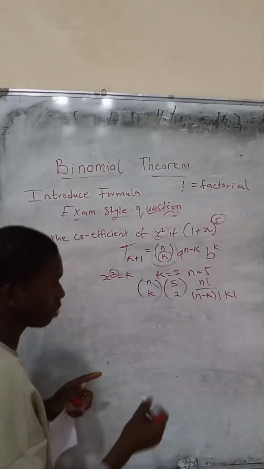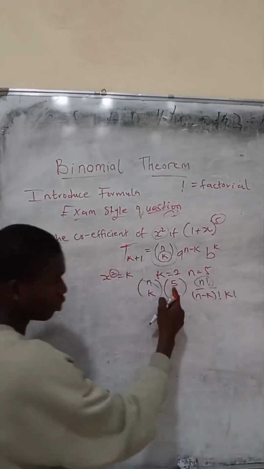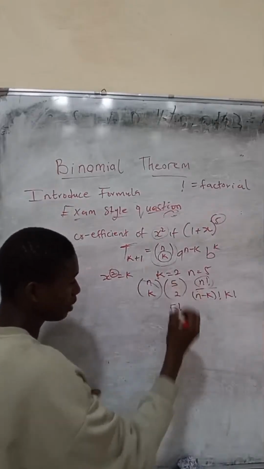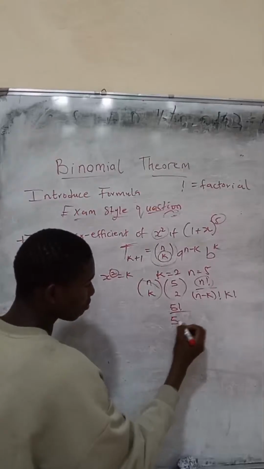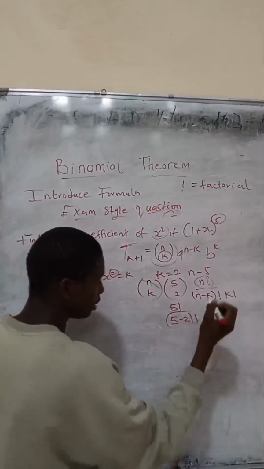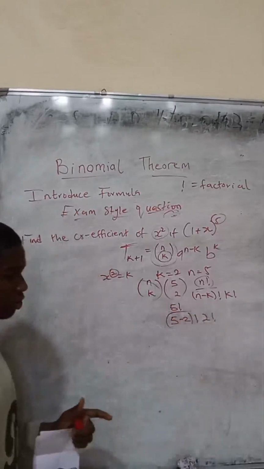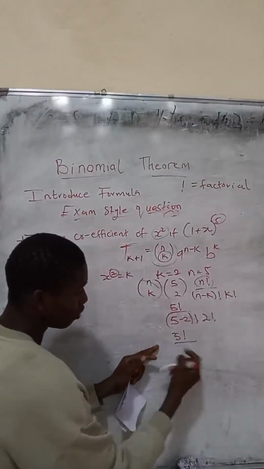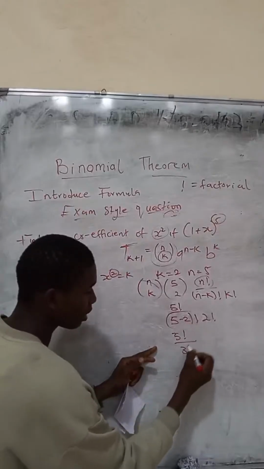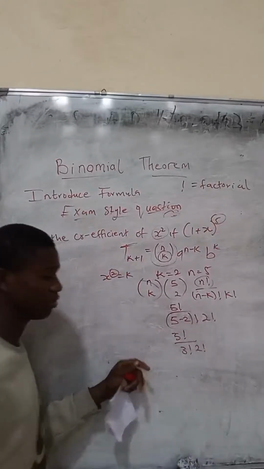So from this point, I'm going to have 5 factorial all over 5 minus 2 factorial, then 2 factorial. So that is 5 factorial all over 5 minus 2, which gives me 3 factorial, and I have 2 factorial.